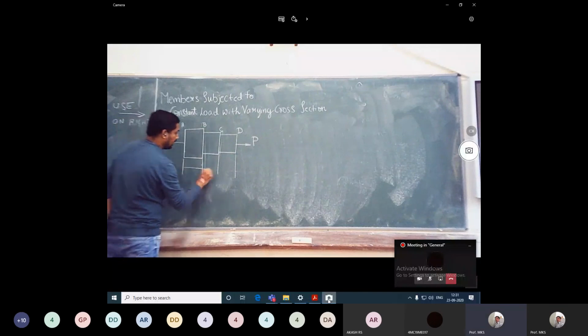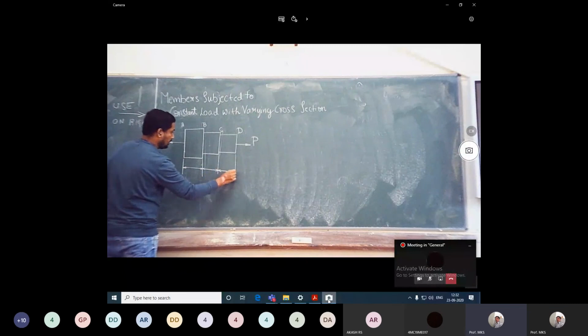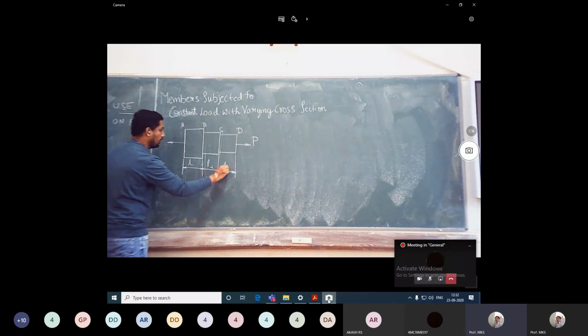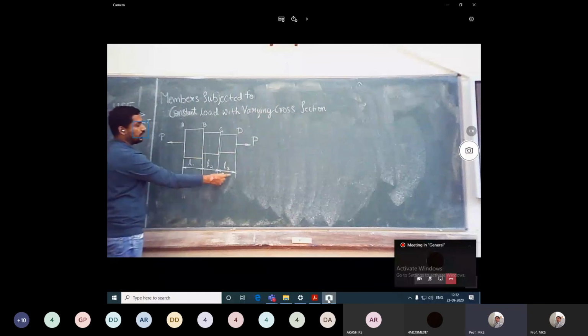Just take these as the lengths: L1, L2, L3. L1 is the length of AB, L2 is the length of BC, L3 is the length of CD.